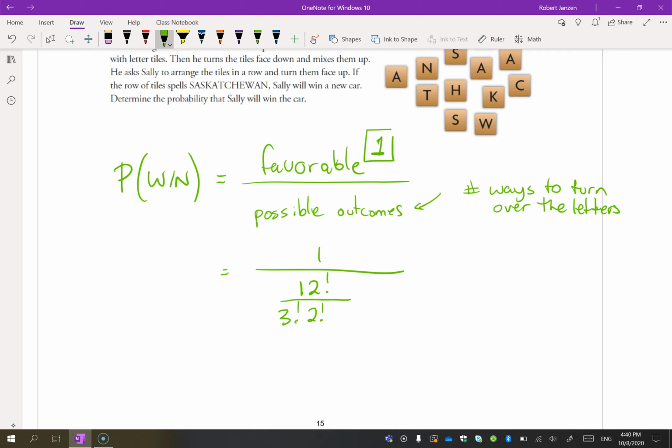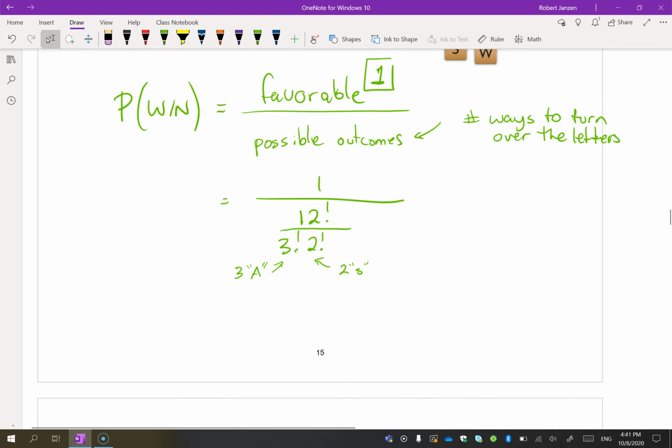And there are 7 other letters. So if you write this as 2S and this is 3A, this will give us the probability of getting the favorable outcome. 1 over, well, this is a little bit of a crazy number.